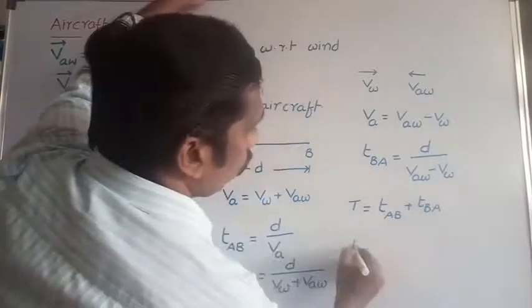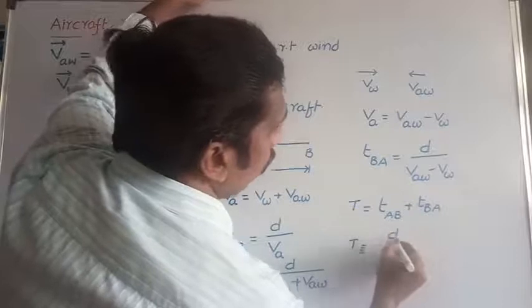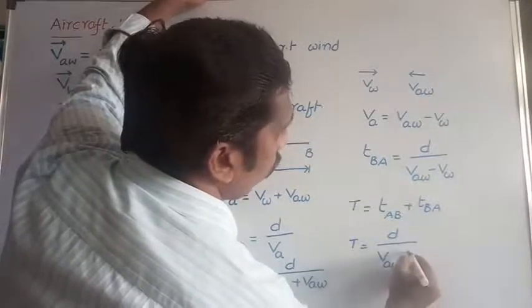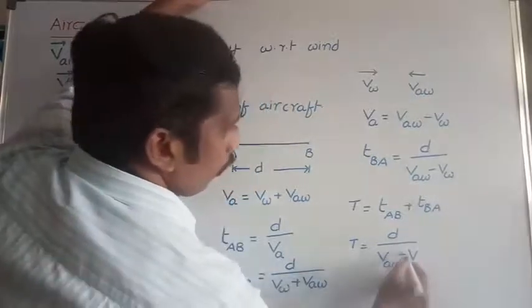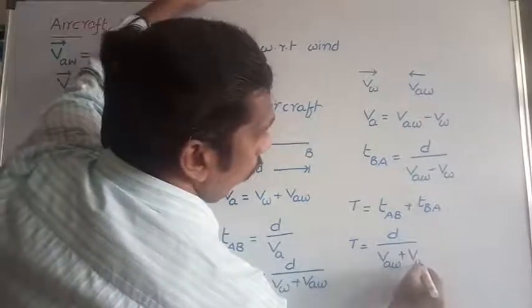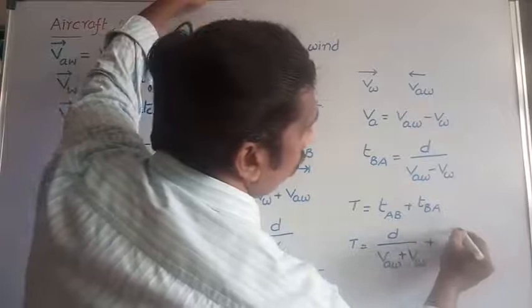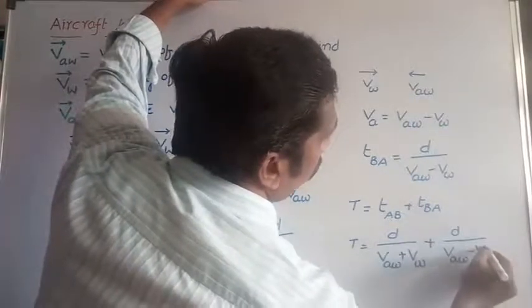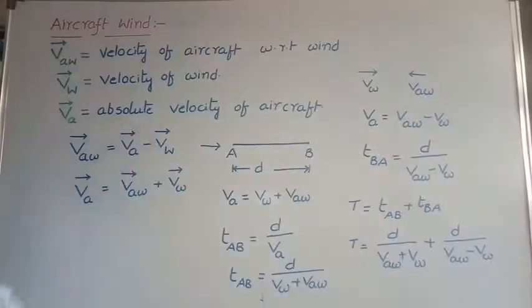So total time T is equal to d divided by velocity of the aircraft with respect to wind plus velocity of the wind, plus d divided by velocity of the aircraft with respect to wind minus velocity of the wind. So that is the total time.